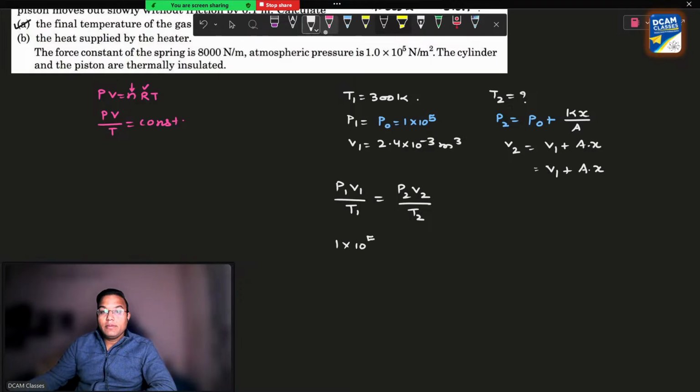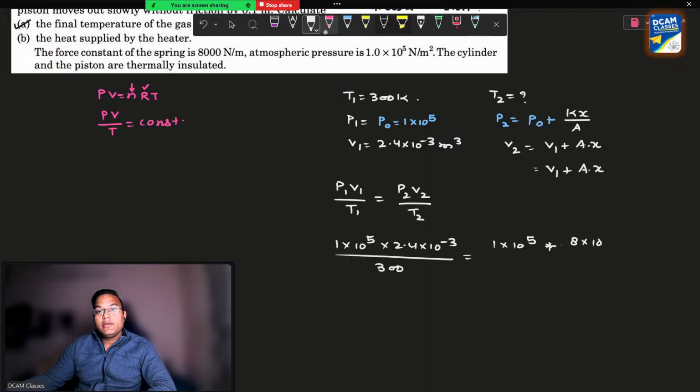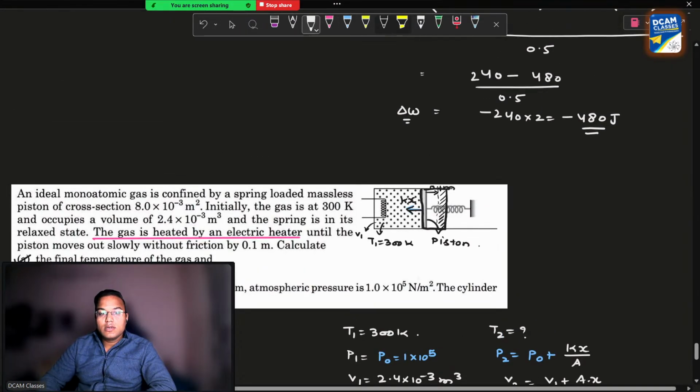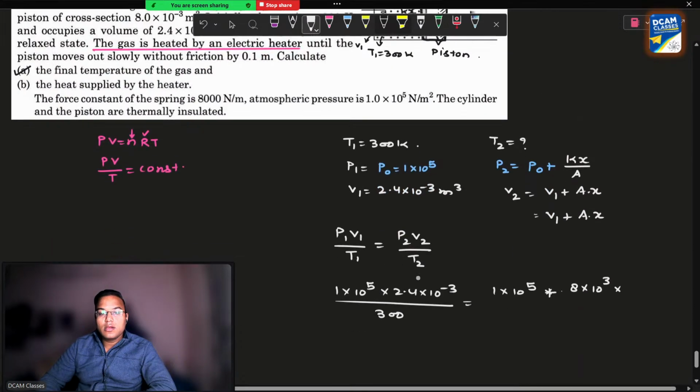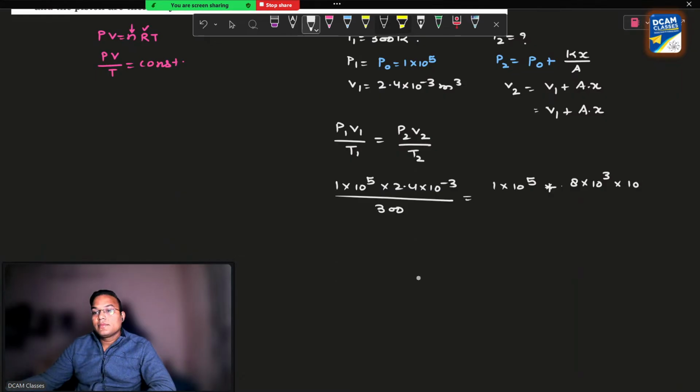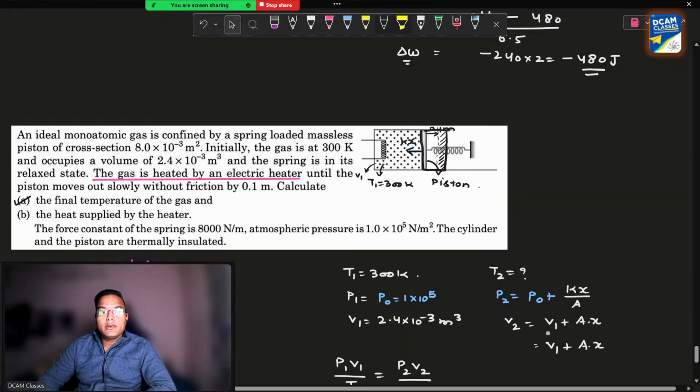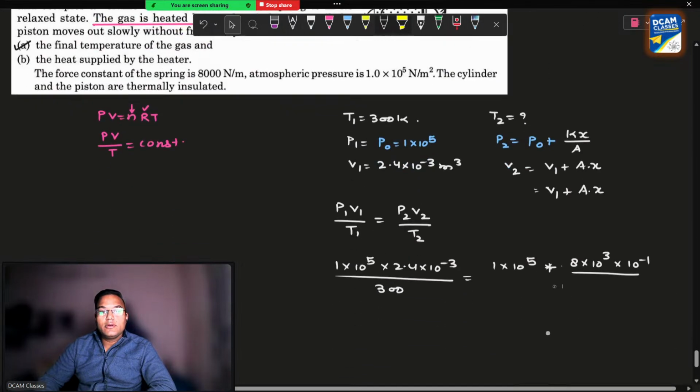One into 10 power 5, 2.4 into 10 power minus 3 divided by 300. 1 into 10 power 5 plus 8 into 10 power 3 into what is x? 0.1, 10 power minus 1, divided with what is area? Is it given? 8 into 10 power minus 3.